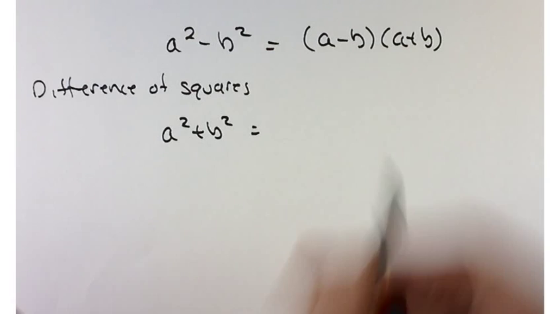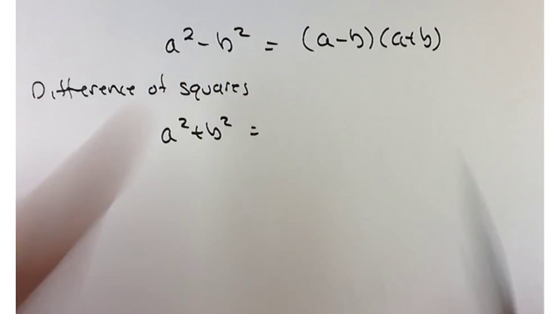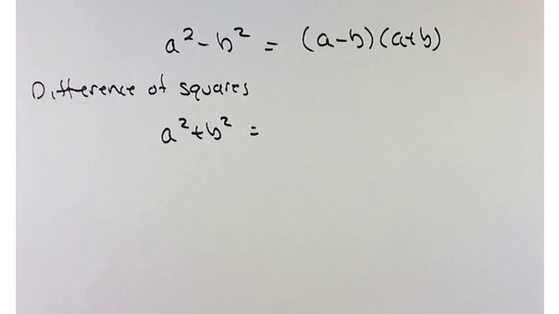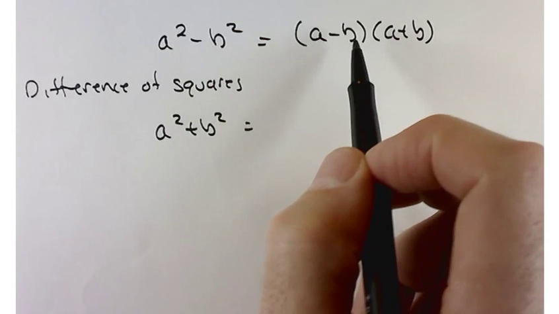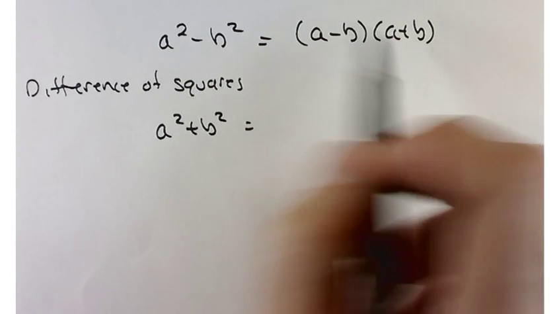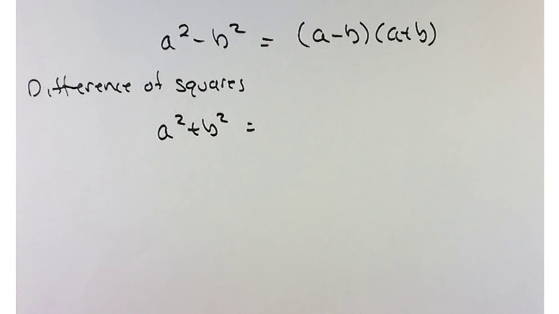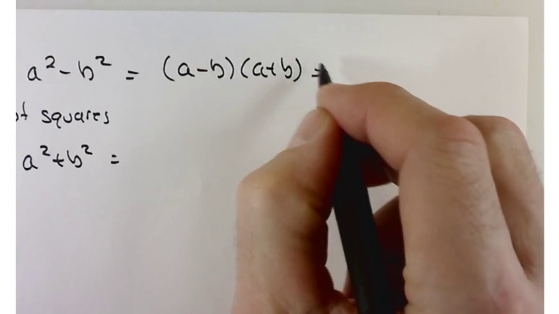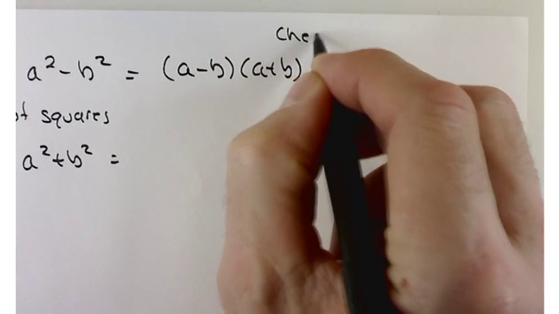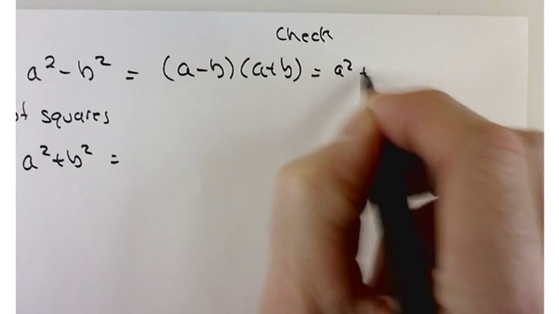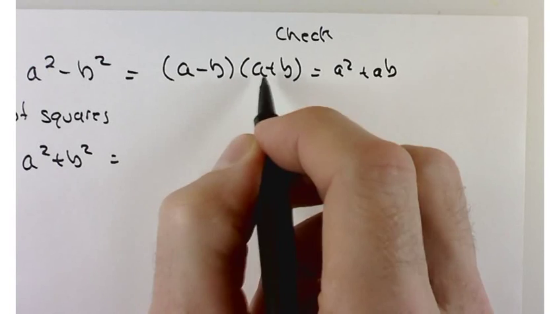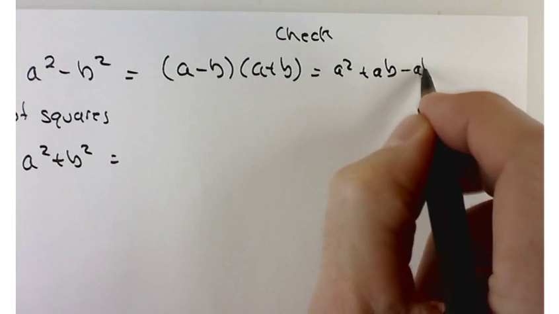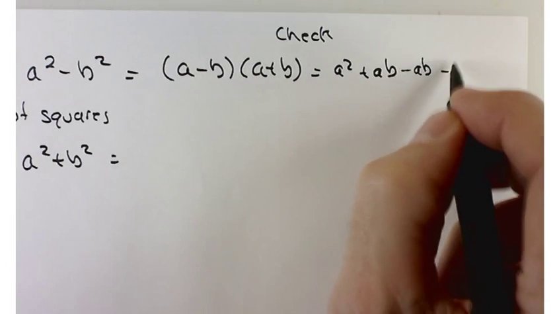So if we check it, I would get a squared plus ab minus ab. Last terms would be minus b squared. And something nice happens with the terms in between. They cancel each other out. So you're left with a squared minus b squared. So it checks.